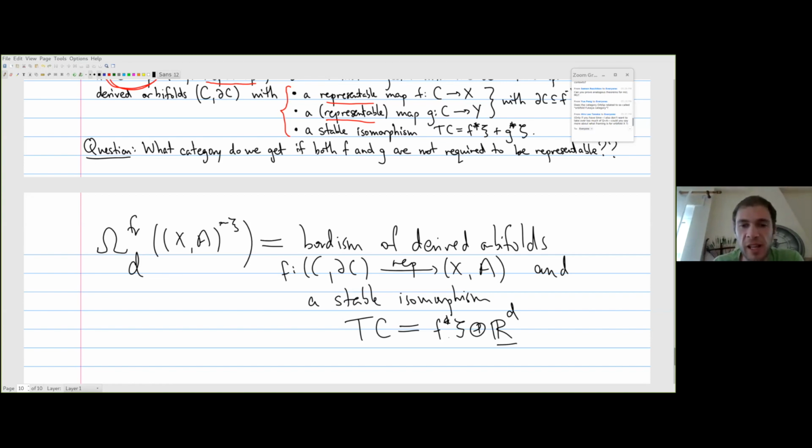So maybe I should say what stable isomorphism means.